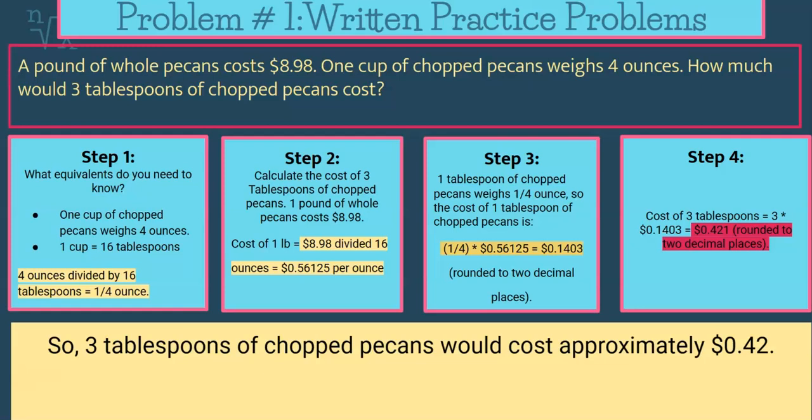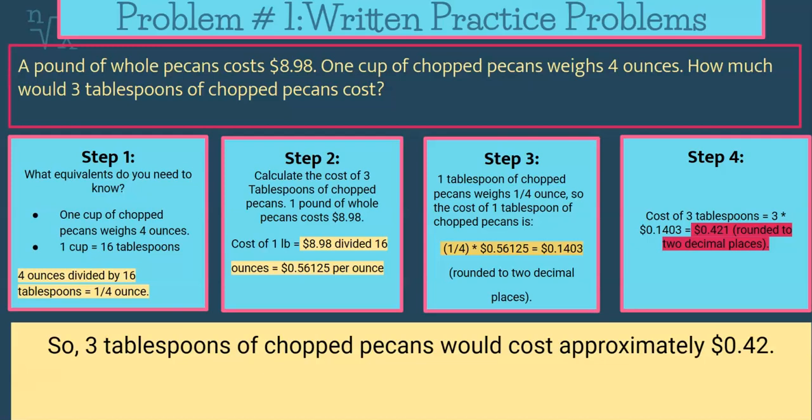Step 3, you take your 1 tablespoon of chopped pecans, which weighs 1/4 of an ounce. So the cost of 1 tablespoon of chopped pecans is 1/4 of an ounce times 0.56125, and you get 0.1403, so about 14 cents. But we need to know how much 3 tablespoons cost.